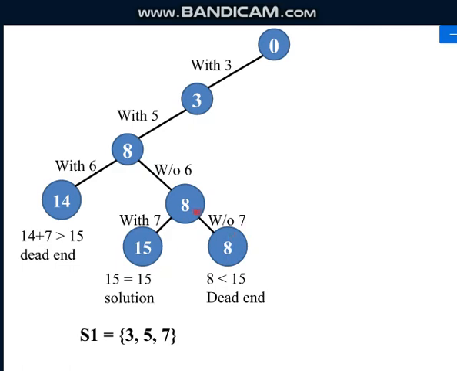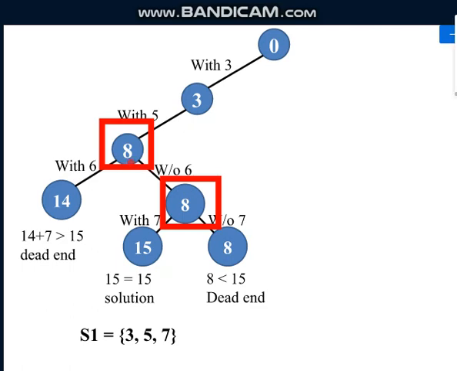If you consider this node, you have already done with including 7 and without including 7. So again we proceed back to the previous node. For this node, both considerations are done, with 6 and without 6.